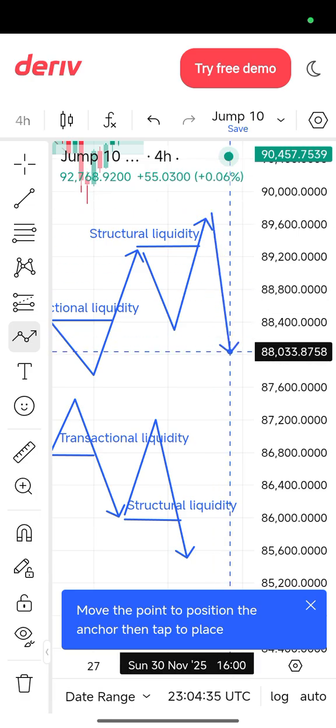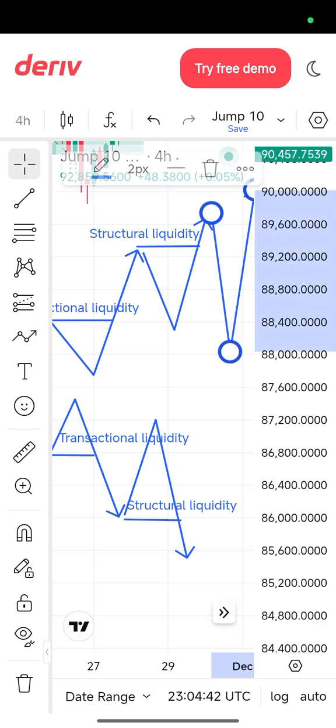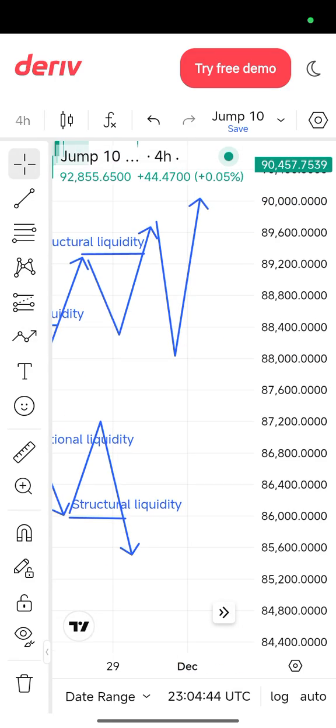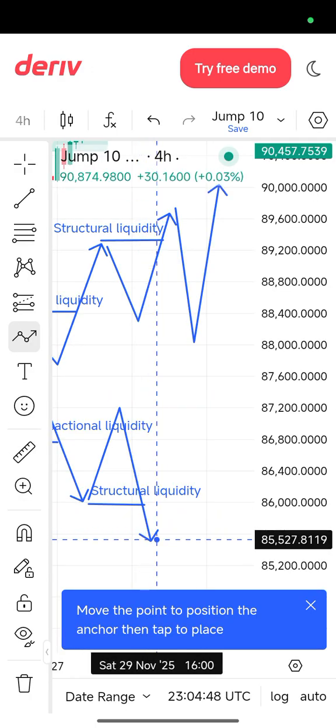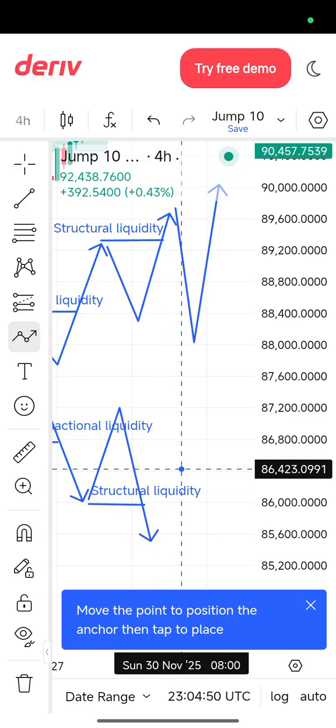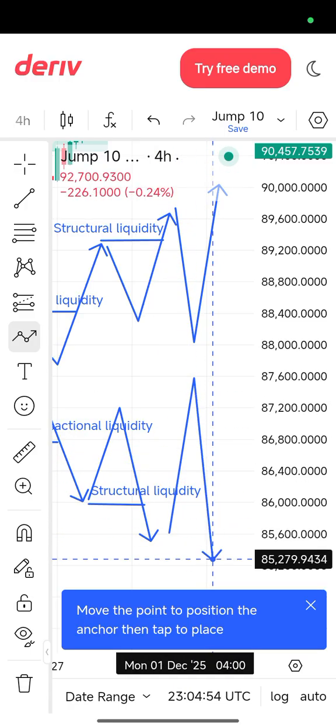This is inducement. Taking this, then buying. This is inducement. Market taking this and selling.